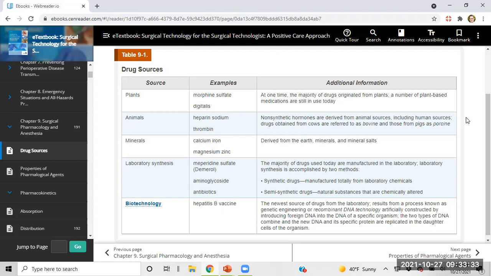Now, laboratory synthesis: these drugs are created in a laboratory based off of other medications as well. So there may be some combinations or some adjustment to certain things that are made based on the actions that they provide. So we're looking at Demerol, aminoglycosides, antibiotics as well.